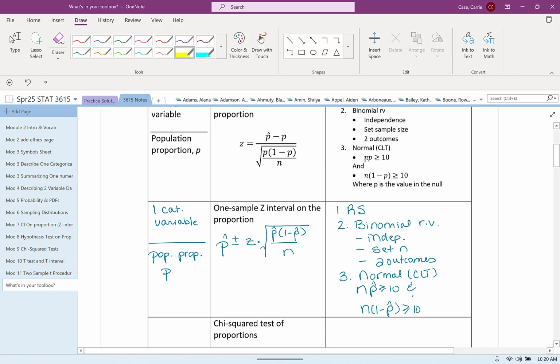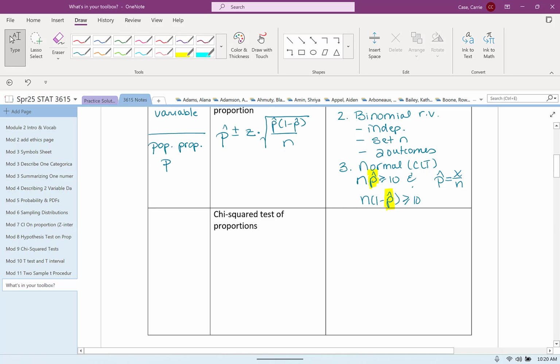So this is the difference between the confidence interval and the hypothesis test, is just whether we're using P or P hat. And just a quick reminder, P hat is X over N. All right.